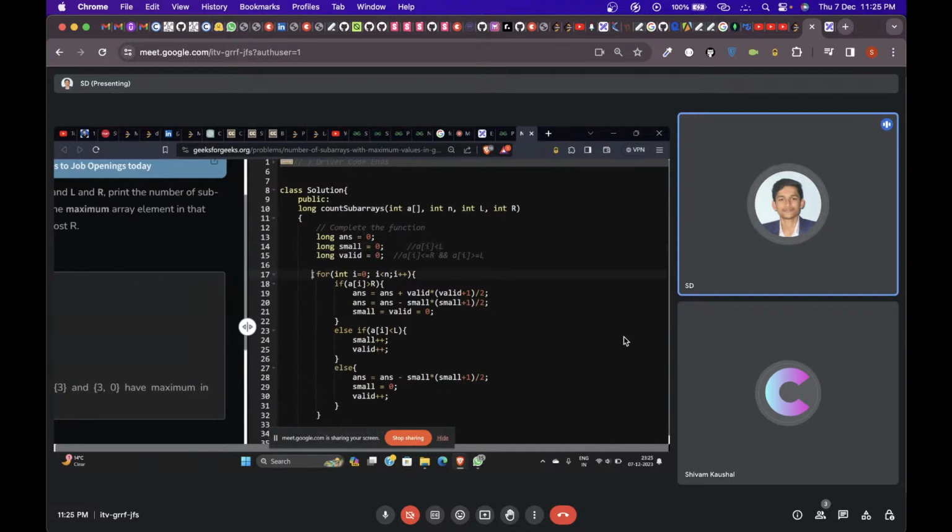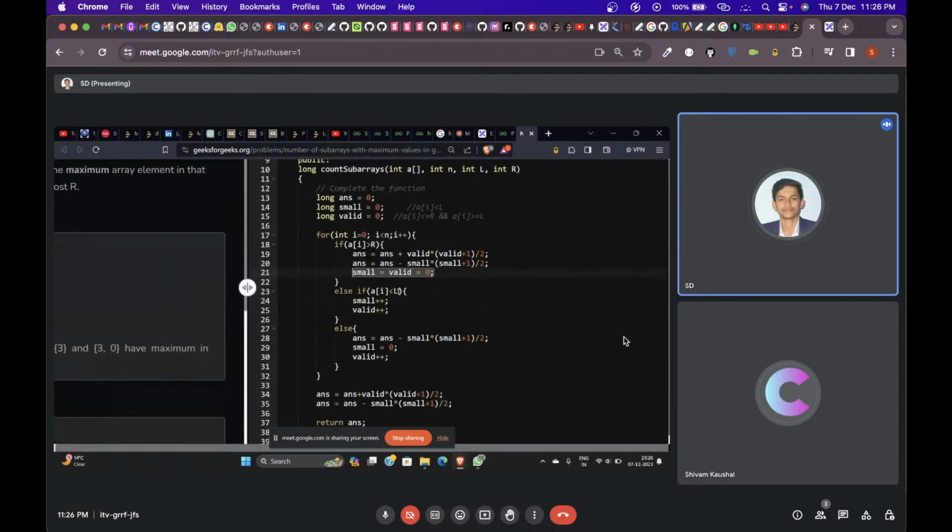First of all I'm going to traverse through the array. If the value is greater than r, simply find the valid, delete the invalid, and start over with small and valid set to 0. If I'm finding a value which is smaller than l, just simply increment the value of small and increment the value of valid.